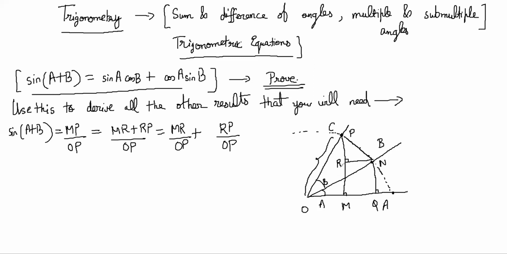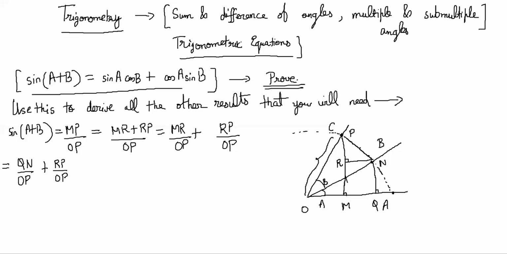Right now this is not in one particular triangle. MR is in this triangle, which is different. So MR by OP can be written as QN by OP, since QN is equal to MR. And similarly, RP by OP we will just write as RP by OP.